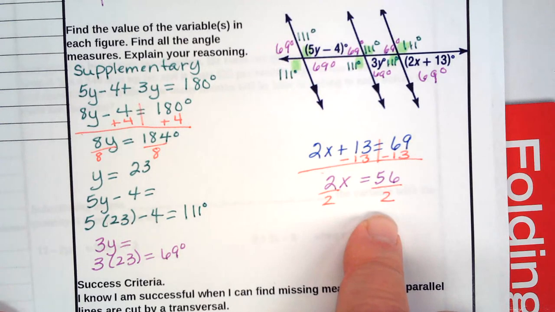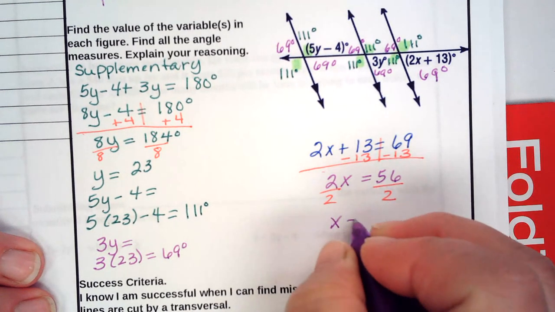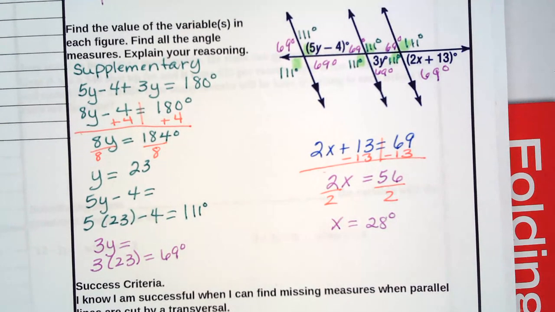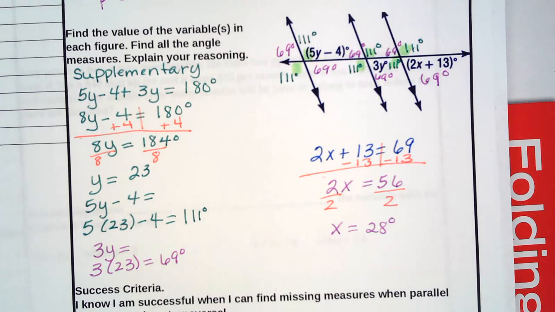Okay, so half of 50 would be 25. Half of 6 is 3. 25 plus 3 is 28. Always put your little degree symbol there. So, by knowing which ones are supplementary and which ones are congruent, we can find all of them.